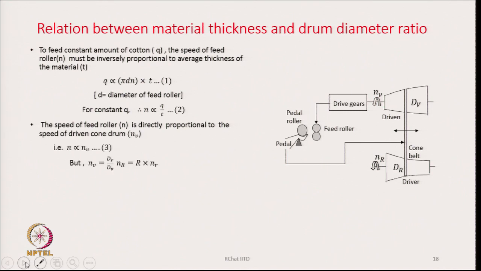So, n is proportional to n v, and therefore, n v is proportional to what? d r by d v into n r. See whatever is the speed of the driver cone drum, which is n r, this multiplied by d r by d v is going to be the speed n v. So, n v is this as shown here, all right.